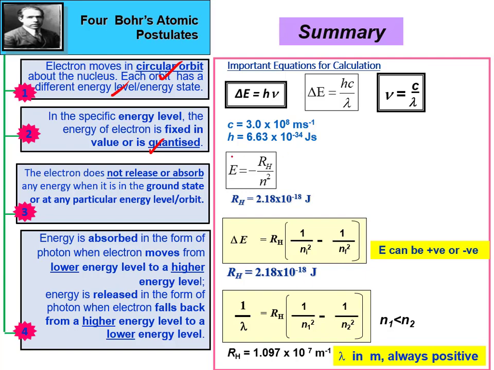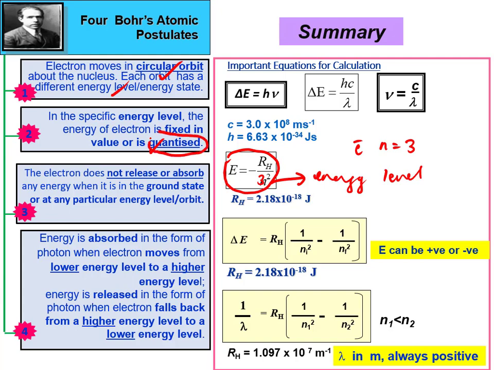By using the formula energy equals to negative RH divided by n square, where n is the energy level. If let's say the electron is located at n equals to 3, then you insert 3 to the power of 2, and the energy of the electron is fixed in value, or it is quantized.